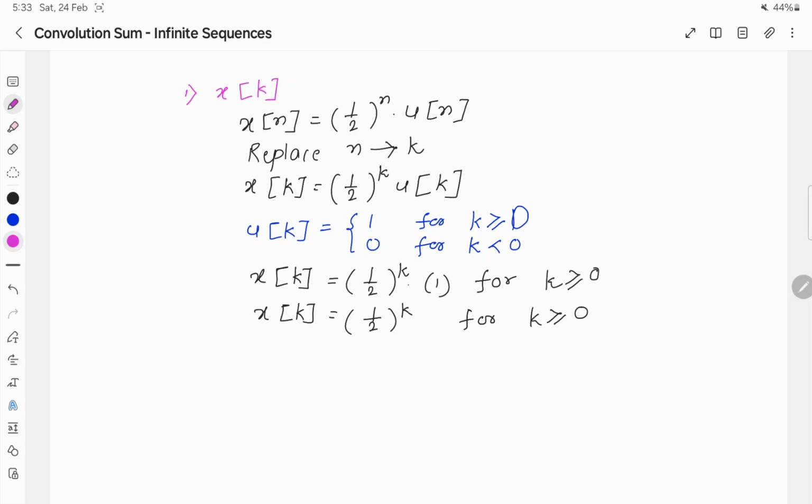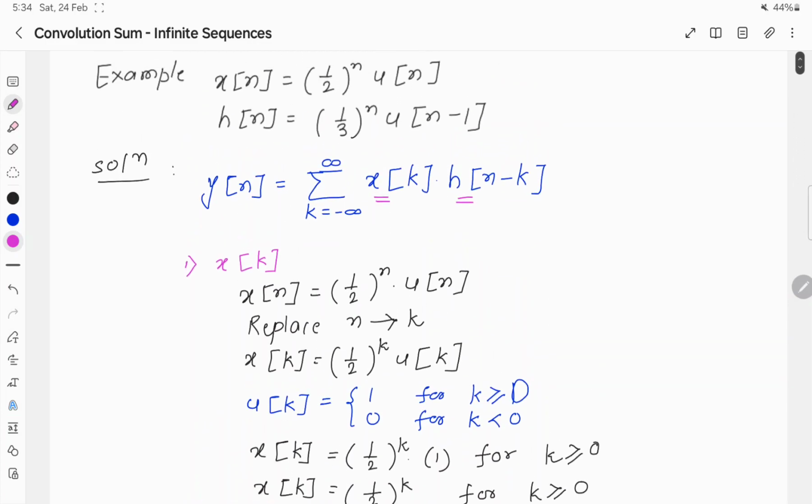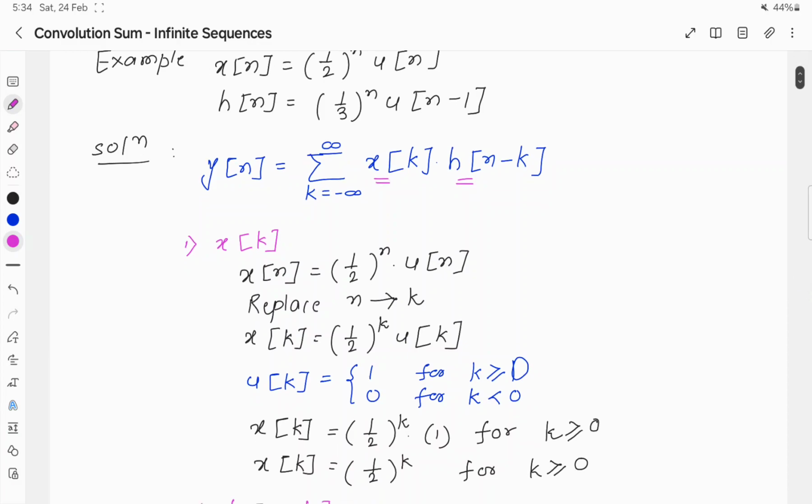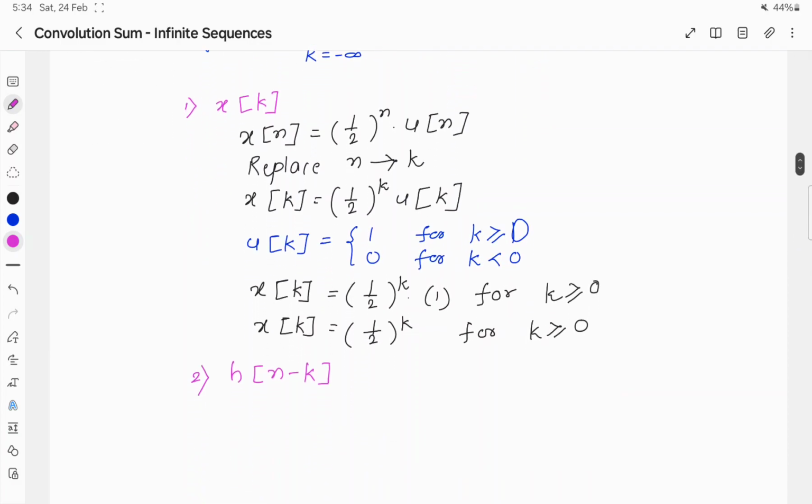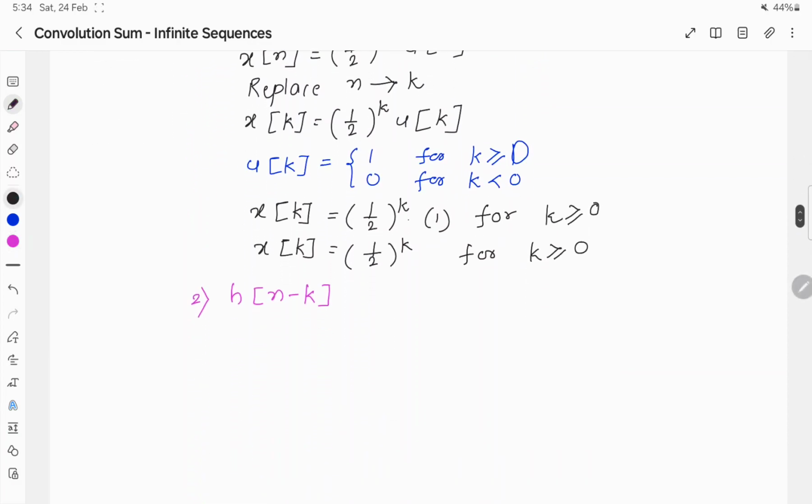Similarly, go for the second case, find h of n minus k. From the original equation, h of n is (1/3) raised to n into u of n minus 1.